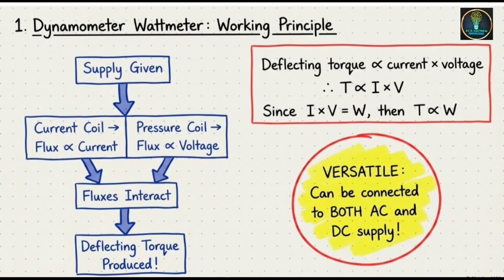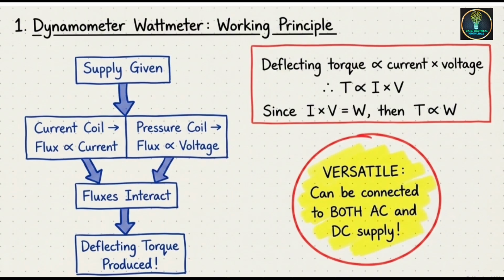Similarly, the pressure coil produces flux; that flux varies with voltage. The fluxes interact, then deflecting torque is produced.